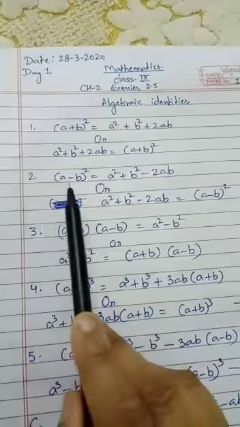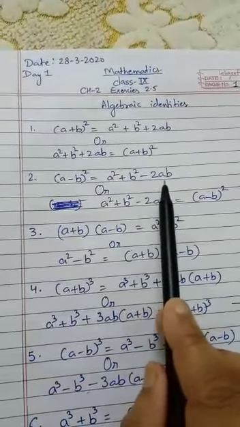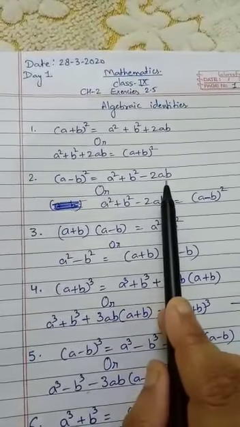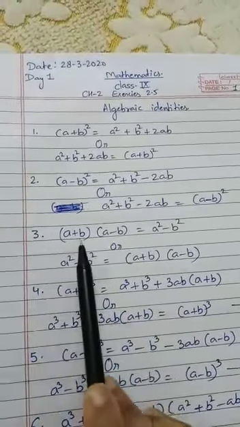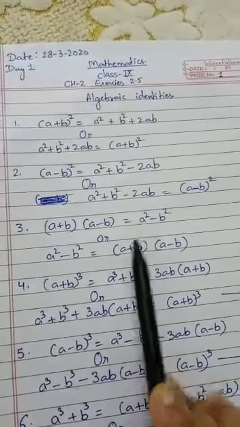The second identity is (a minus b) whole square is equal to a square plus b square minus 2ab. The third identity is (a plus b)(a minus b) is equal to a square minus b square, and so on.